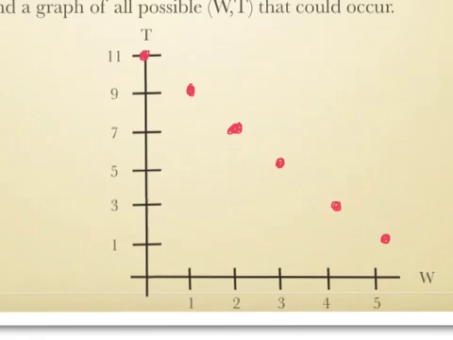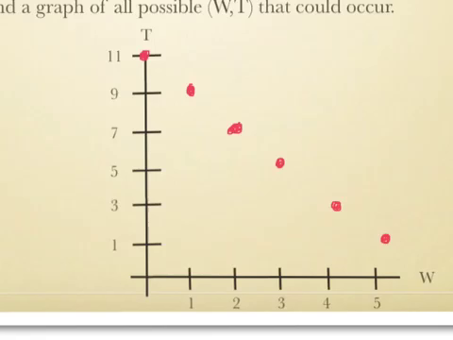Which brings me back to what Isaac was talking about a second ago. In this situation, it was very easy to make a list of all the different possibilities, because it was all whole numbers and I had limits, like I couldn't go past 11 points because negatives didn't make sense. But there are some situations where you're going to be working with negatives, decimals and fractions.